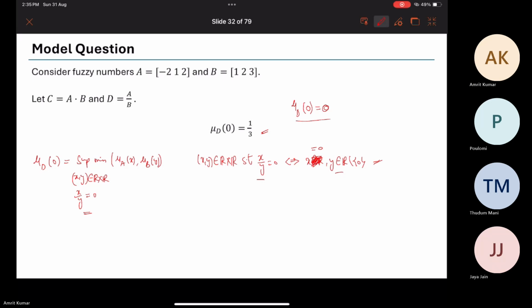Sorry. So when x is 0 and y is any non-zero number, then x by y is equal to 0, right? So any pair x comma y such that x by y equals 0 is essentially if and only if x is equal to 0 and y is non-zero, which means this supremum is essentially this particular supremum.